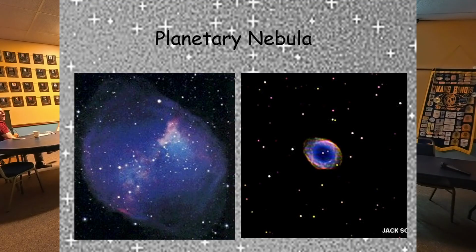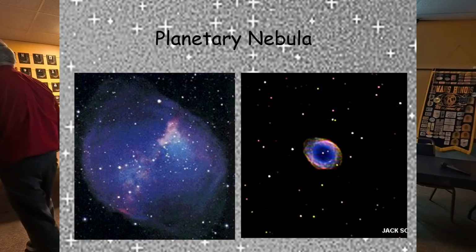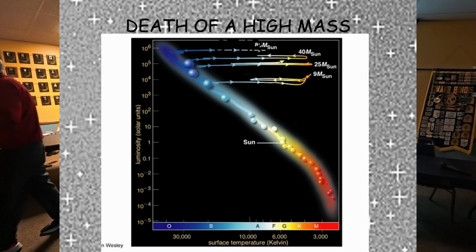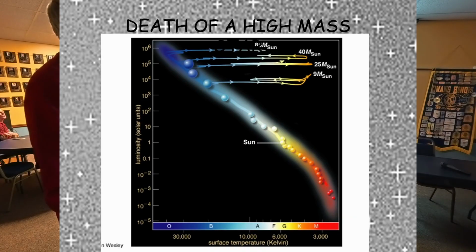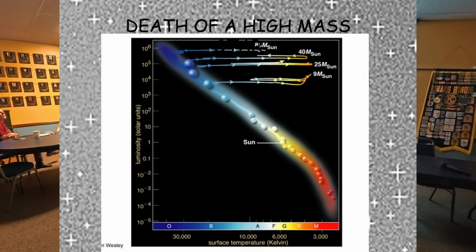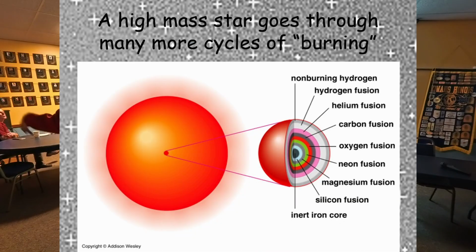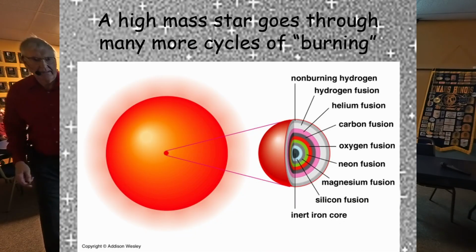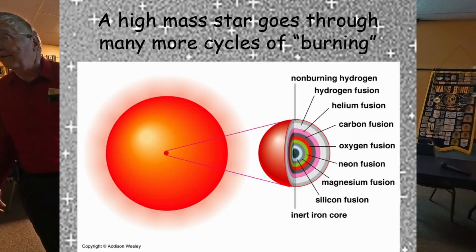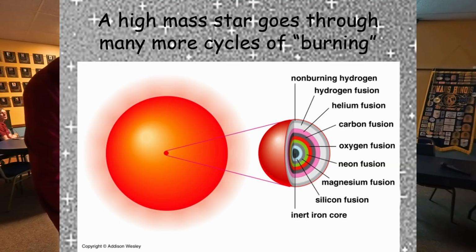High mass stars go through a much higher rate of burning. And so they go through more cycles. So they not only fuse hydrogen into helium, but they also fuse helium into carbon and oxygen and all this other stuff. The end of the line is iron, okay?